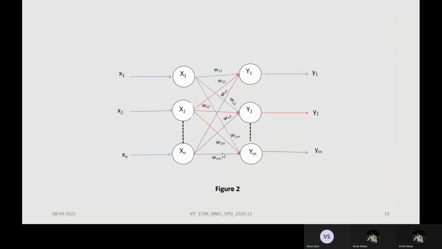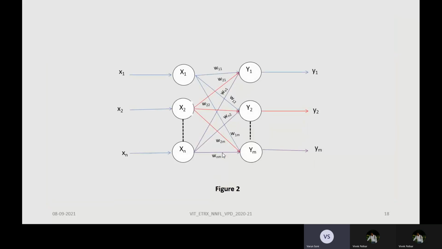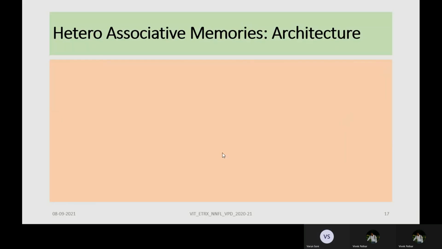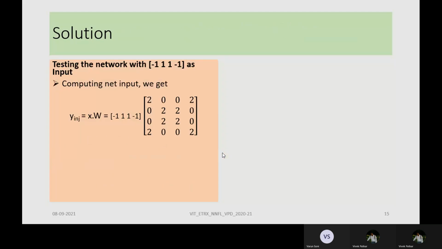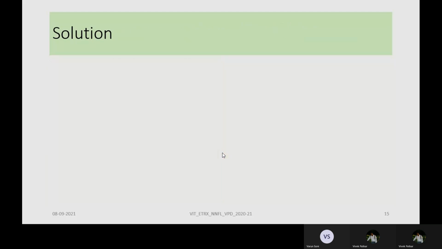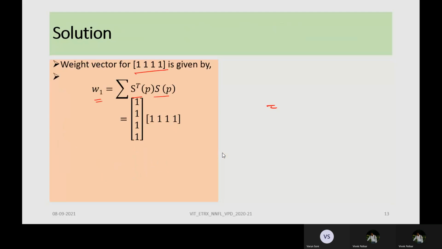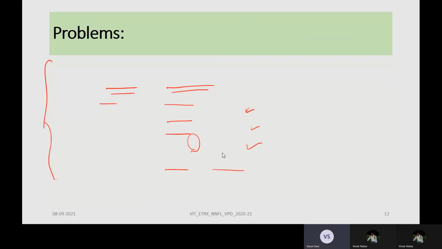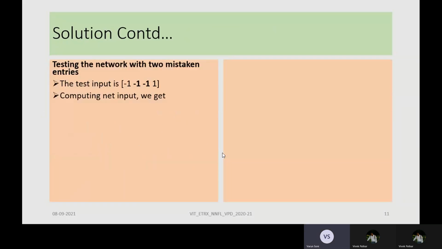You understood this architecture, right? So training algorithm, if somebody asks you, directly you can put the same training algorithm as the auto associative one, what we just did. You were there that time? No, sir, I was not there at that time.